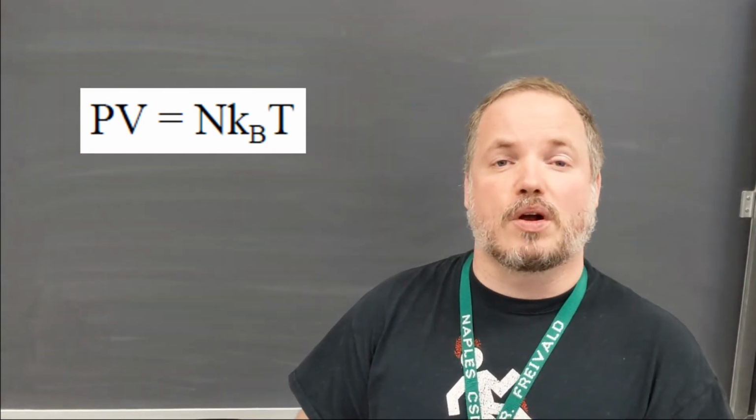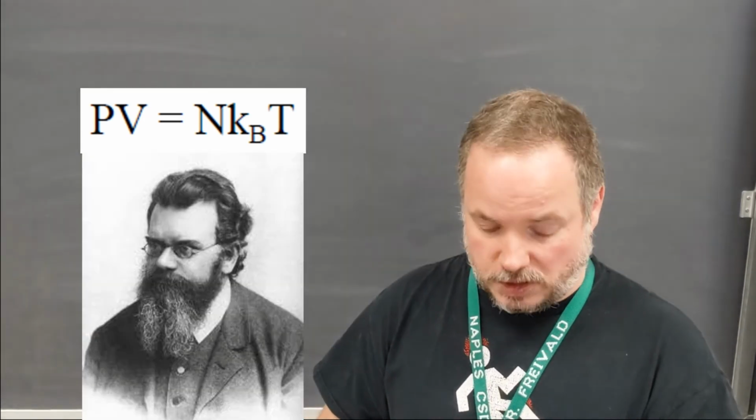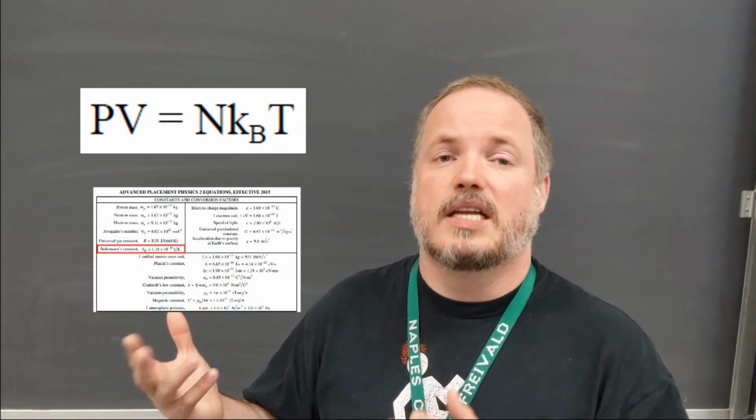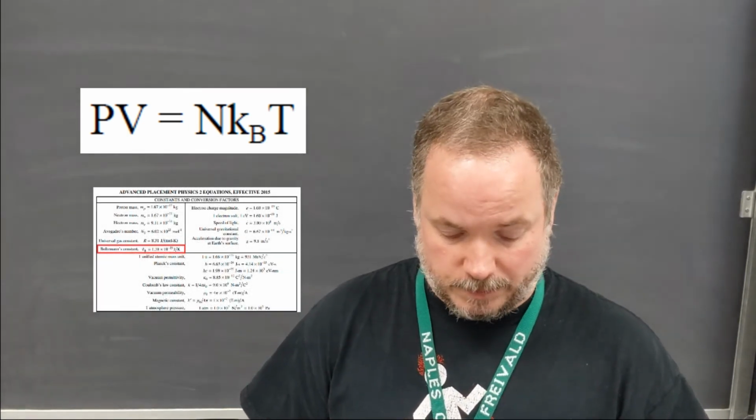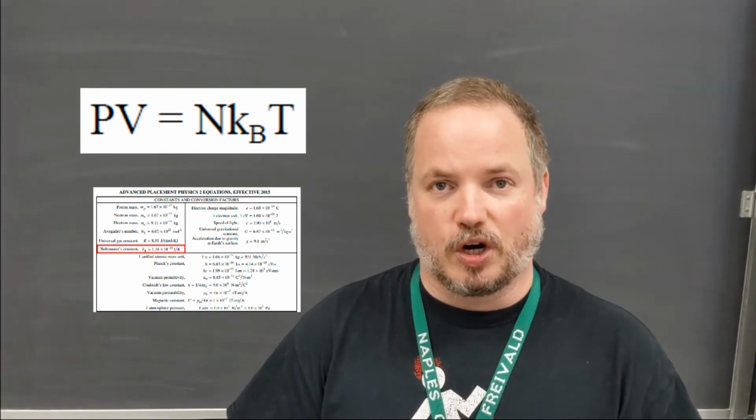Capital N is the number of molecules of gas, and then kB is something called Boltzmann's constant. Boltzmann's constant is simply the universal gas constant divided by Avogadro's number. And it's equal to 1.38 times 10 to the minus 23 joules per Kelvin.